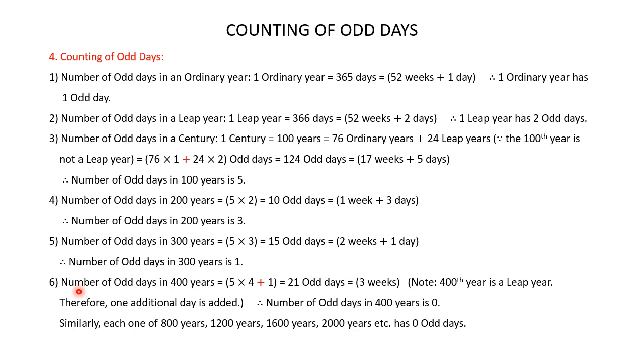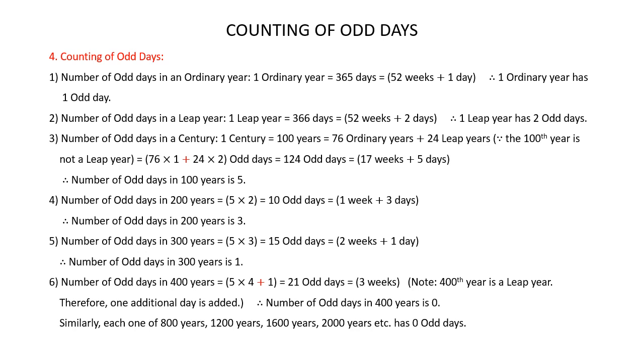Number of odd days in 400 years. We know that number of odd days in 100 years is 5. So number of odd days in 400 years is 5 multiplied by 4. But since the 400th year is a leap year, and we know that a leap year has one extra day, we have to add one extra day here.